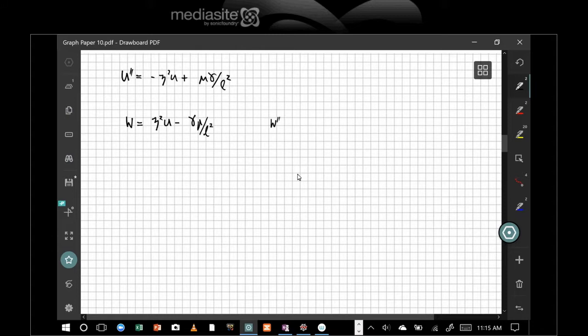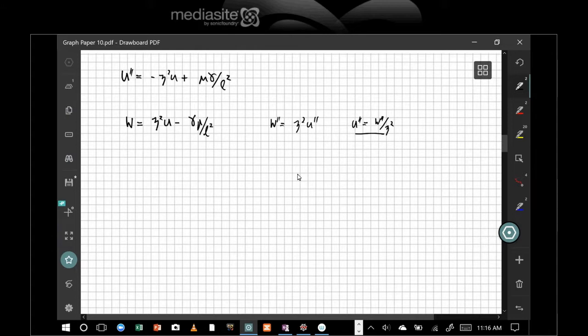If I take the second derivative of that, it gives me eta squared u double dot. From that equation, u double prime is equal to w double prime over eta squared. So now I'm going to take this and put it back into that equation.